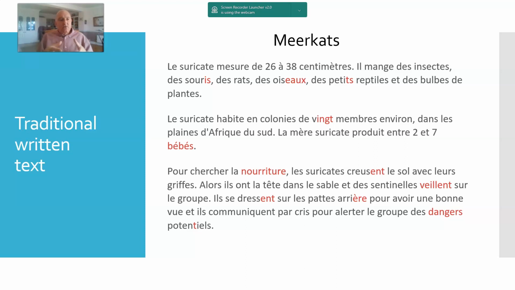The other thing you can do, of course, is to take the traditional written text, and then what can you do with phonetics and phonology around that? Well, here's a little text that I put together some time ago. It was actually aimed at more or less beginners, but probably good for, say, 2 or maybe 3 years of work. So it's a text about meerkats. Just scan through to start with, and you'll see, even if you're not a French reader, you'll understand quite a bit there because of the large number of cognates in the text.